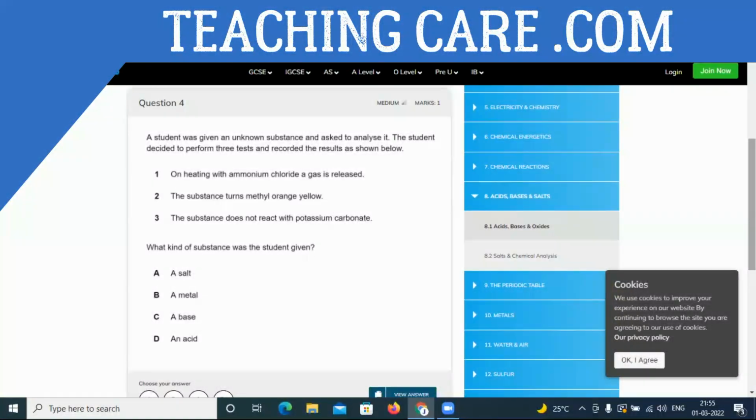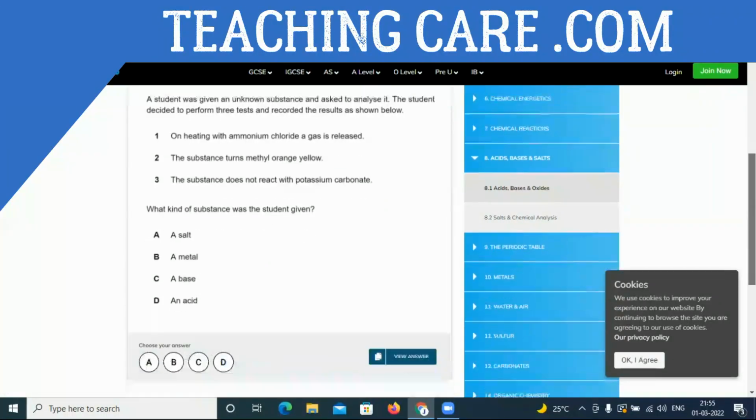With base, it will give you a yellow color. Oh, okay, so a base. Base, yes. Perfect.